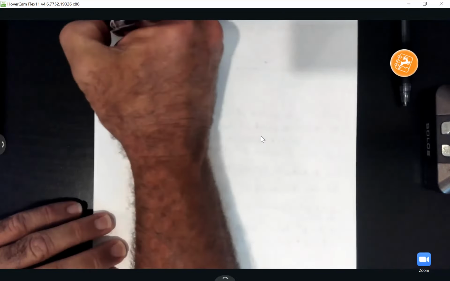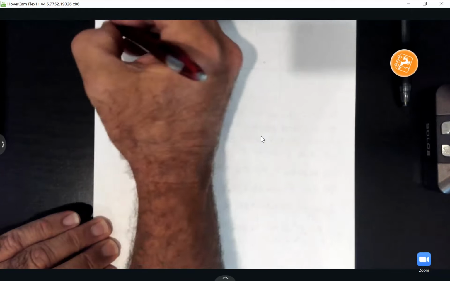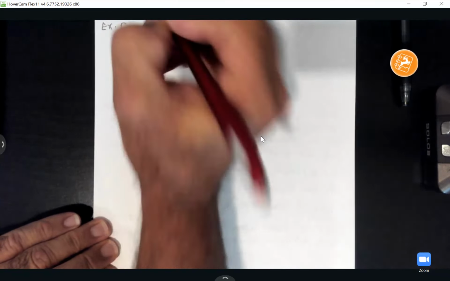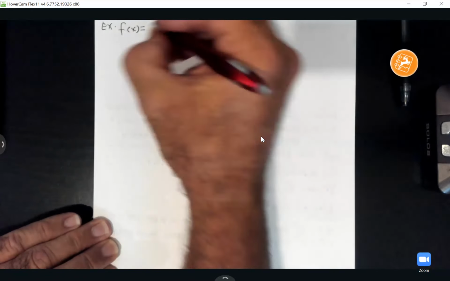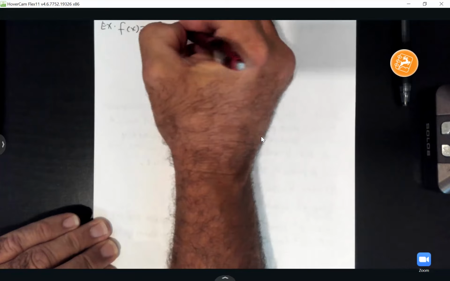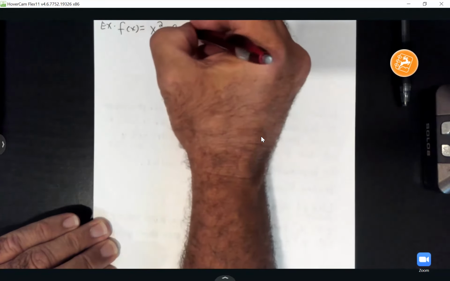So what we're going to do is we're going to work some examples on finding our vertex, okay? So y'all, they're giving us f of x equals x squared minus 8x plus 7.